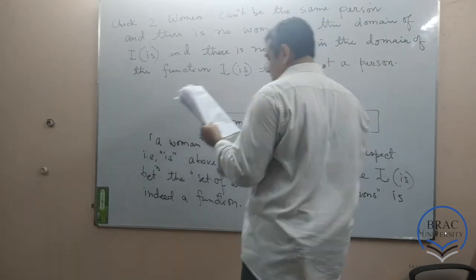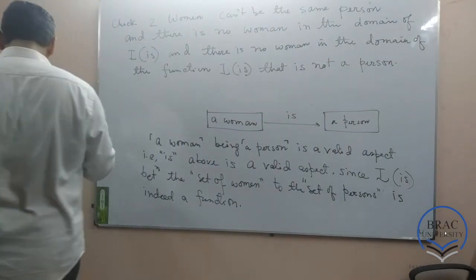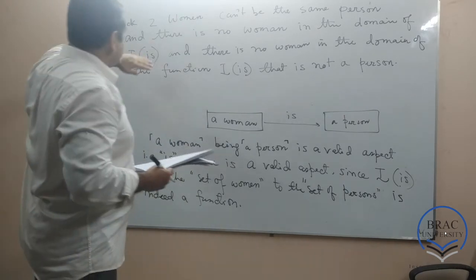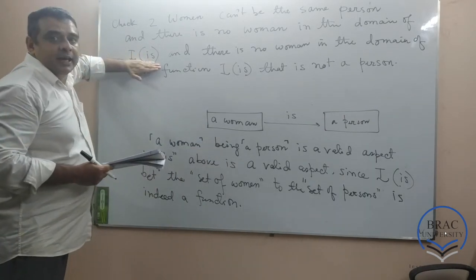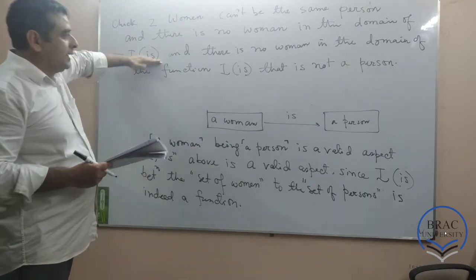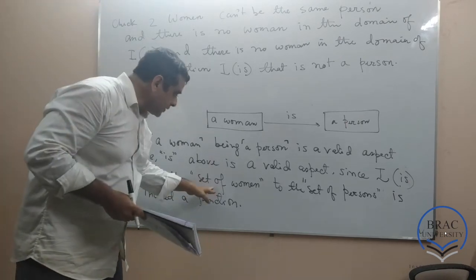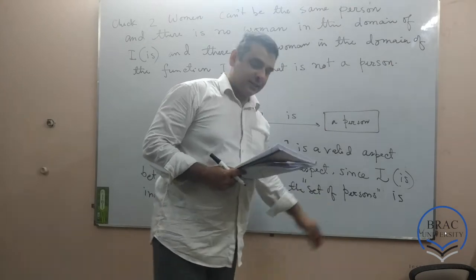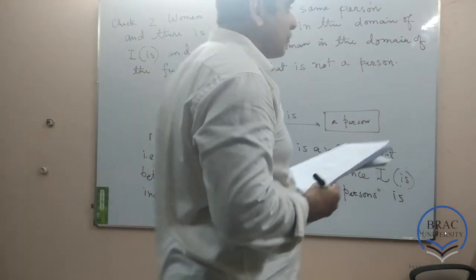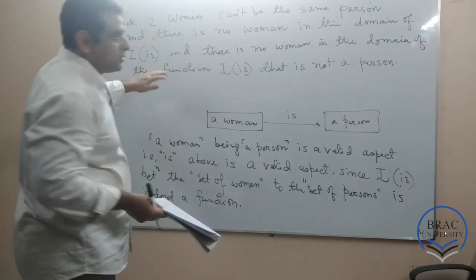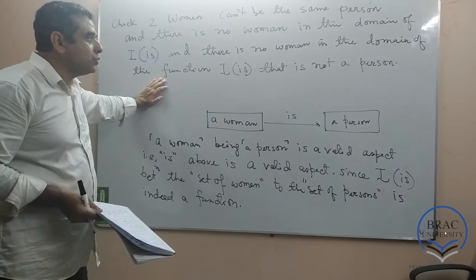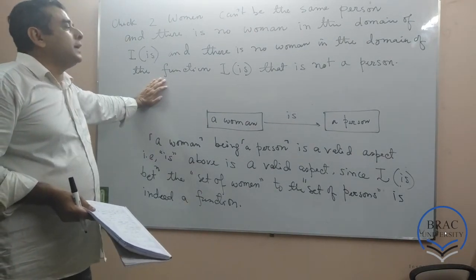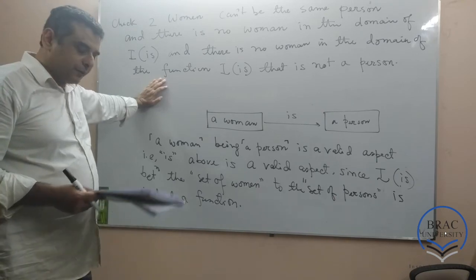It's easy to check that. It is easy to check that this guy, I acting on the aspect, is an injective function from the set of women to the set of persons. Okay? But it is not surjective. So I give it as a very simple exercise for you to check that. It is not a surjective function. It is always an injective function.